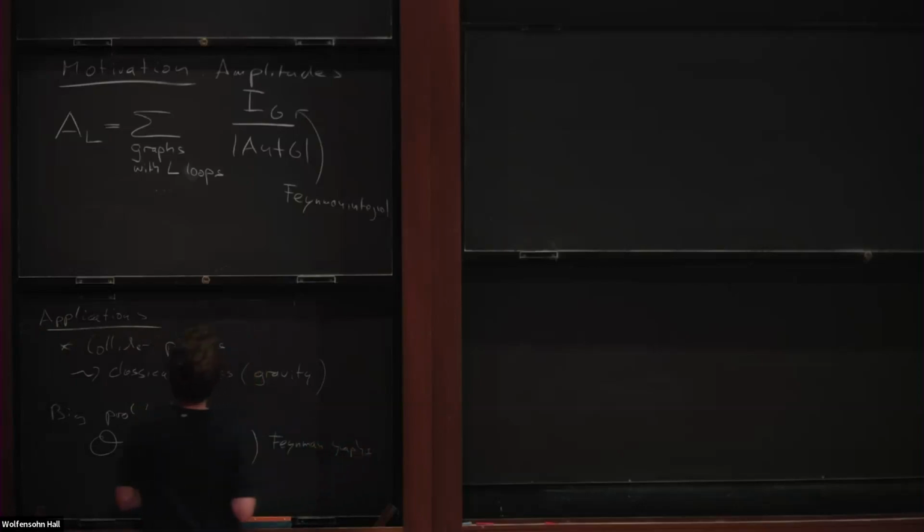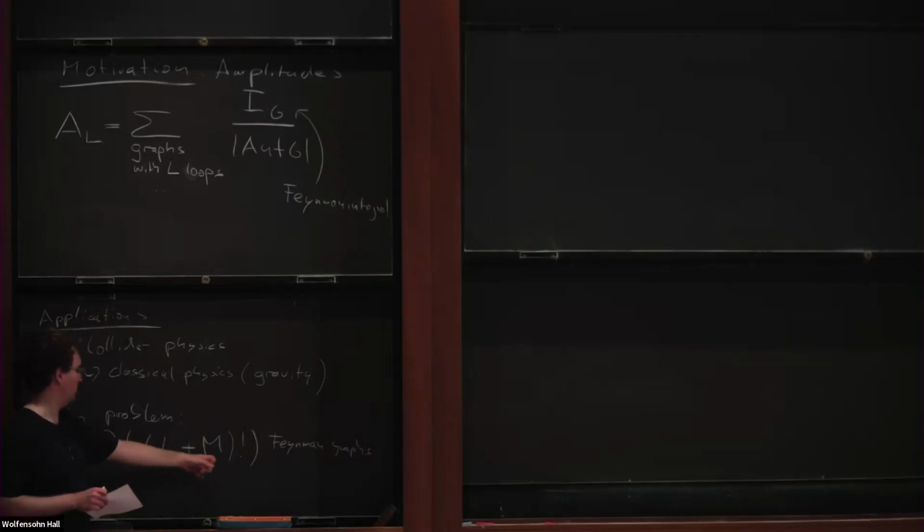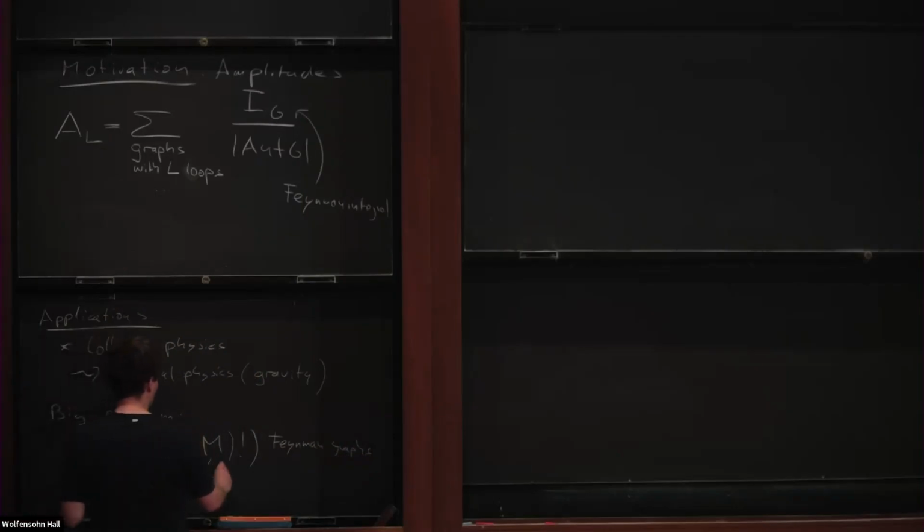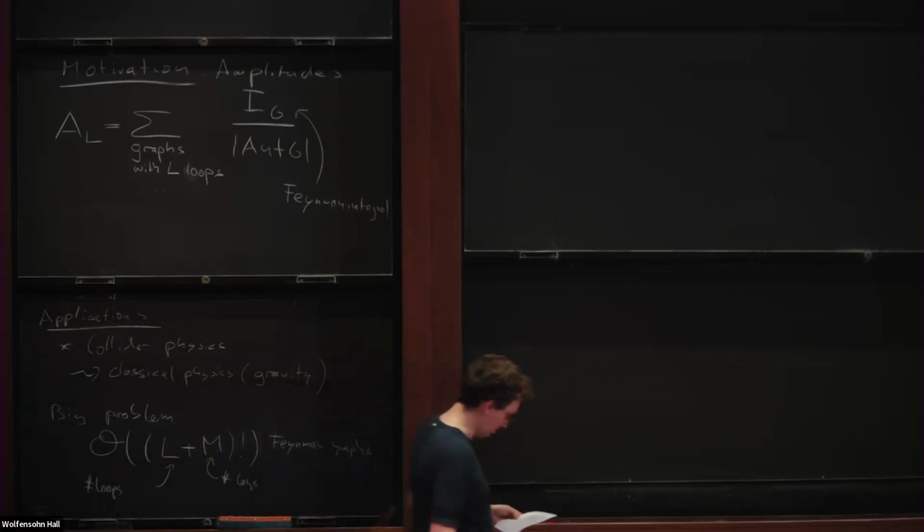So this formula requires us to sum over something of the order of a factorial, where m is the number of external legs and L is the number of loops. So there's a big combinatorial explosion hiding here.